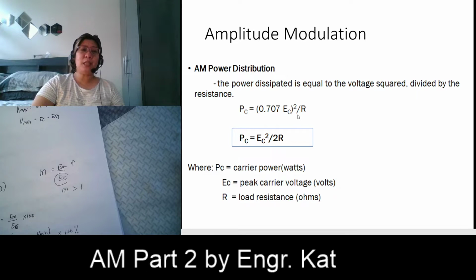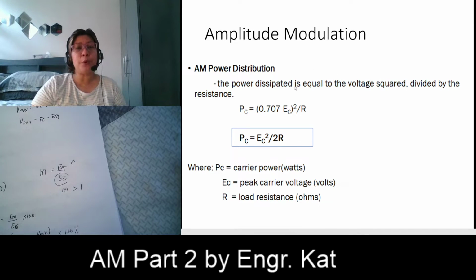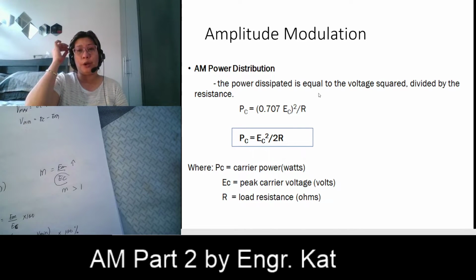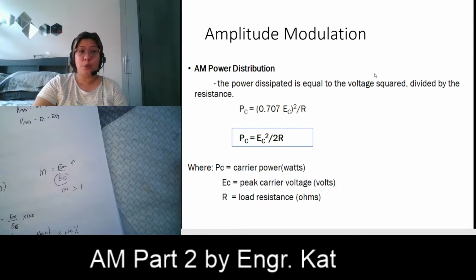So next is your AM power distribution. The power dissipated is equal to the voltage squared divided by the resistance. Take note of the RMS value here.